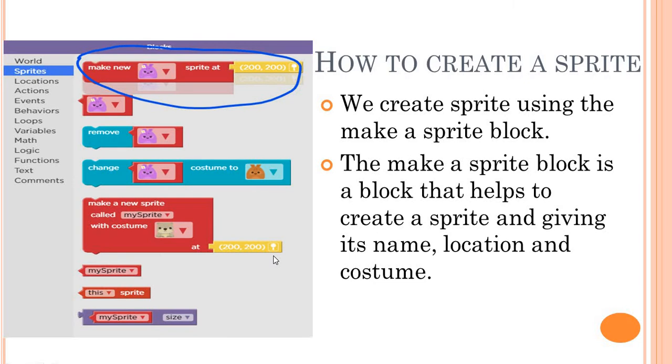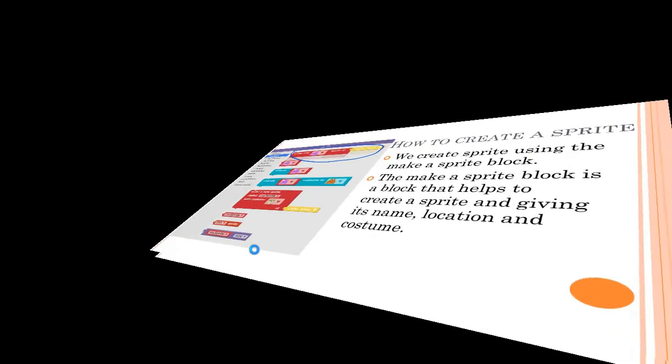Whatever place we want to place the sprite in our play area, we can write the location here, which is the code, and the sprite will make itself in the location we want it to be placed. So the Make a New Sprite block consists of the sprite name, the sprite location, and the costume.